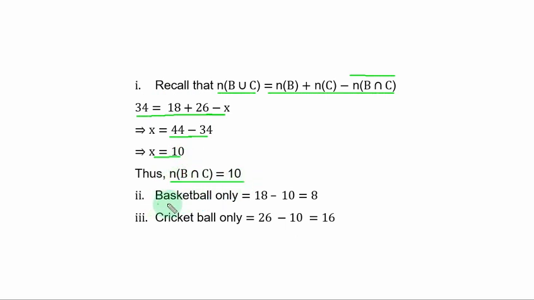Now, only basketball is 18 minus 10, that is 8, and only cricket ball is 26 minus 10. The number that played both games, you subtract it from those that played basketball initially, for you to get only basketball. You do the same thing to get only cricket ball.